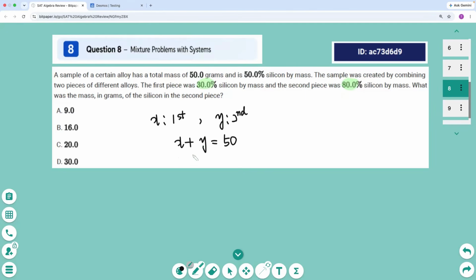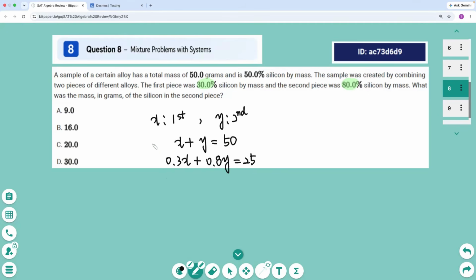So the first piece contributes 0.3x grams of silicon and the second contributes 0.8y grams of silicon. Since the final 50 gram sample is 50% silicon, the total mass of silicon is 25 grams. So 0.3x plus 0.8y is equal to 25.